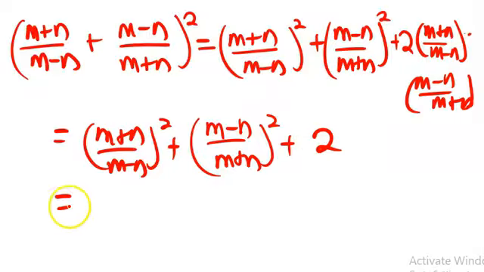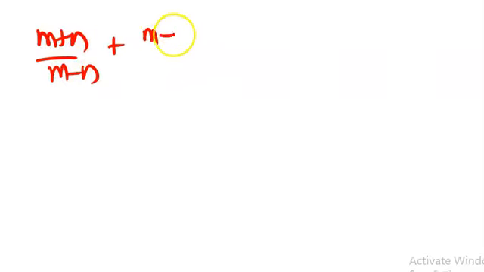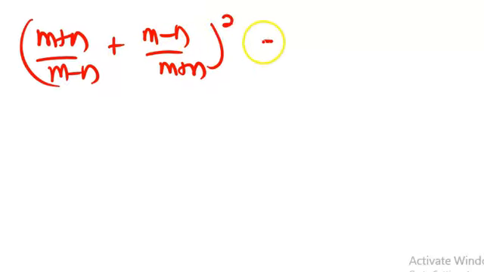Now from the question, you were given [(m+n)/(m-n)]² + [(m-n)/(m+n)]², which is 47, plus 2, so you have 49. So [(m+n)/(m-n) + (m-n)/(m+n)]² is equal to 49.